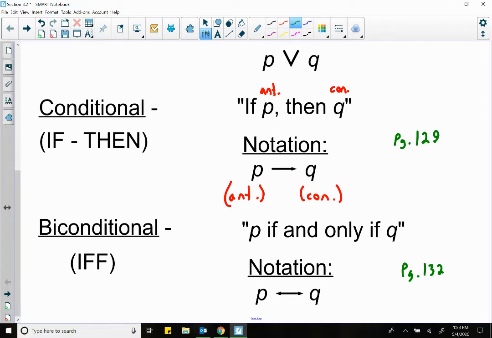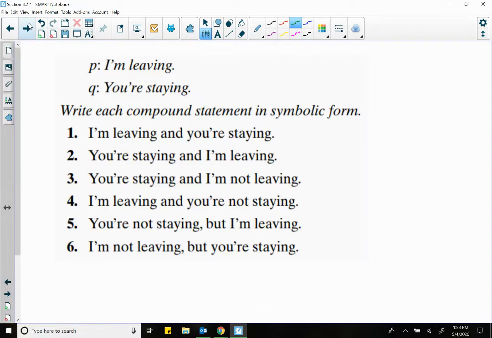Okay? So let's go ahead and start looking at how we can write these statements symbolically, because that's the first thing we're going to do, and that's one of the most important things. So again, remember when we were talking in 3.1, I underline statements.